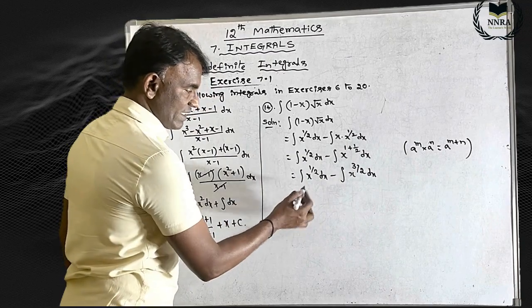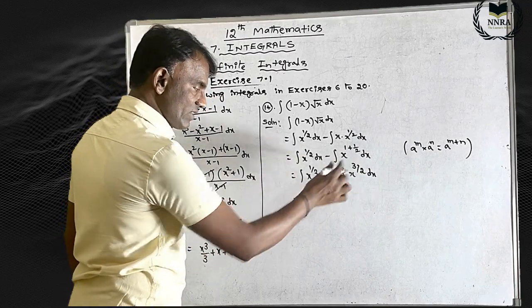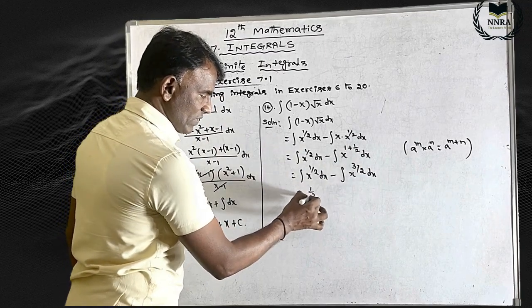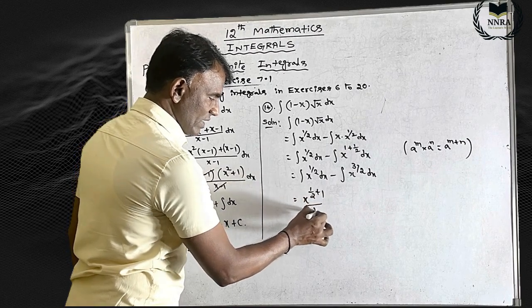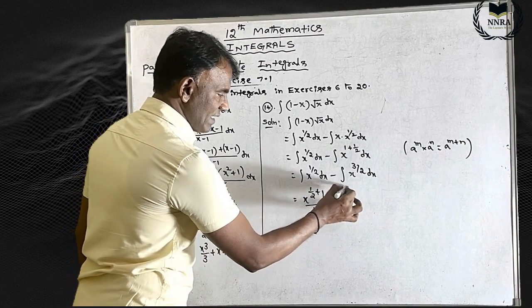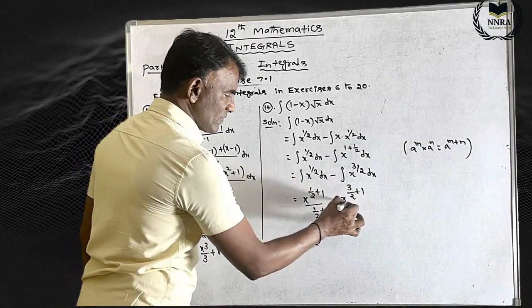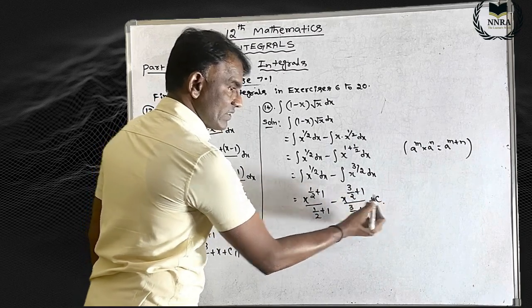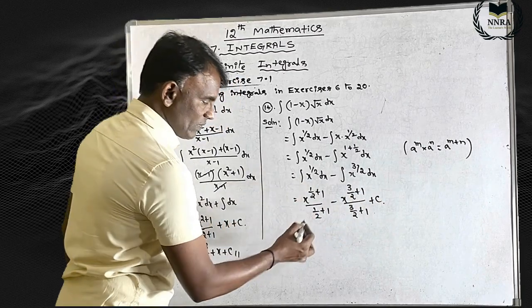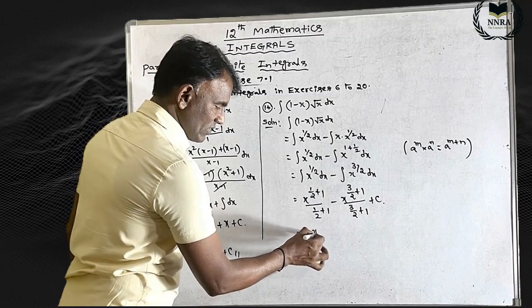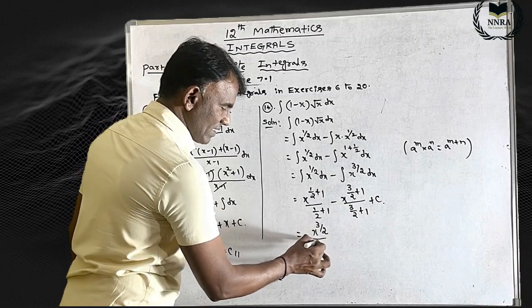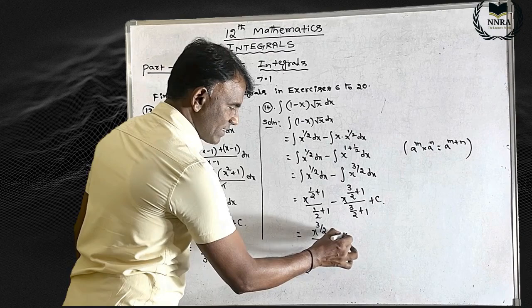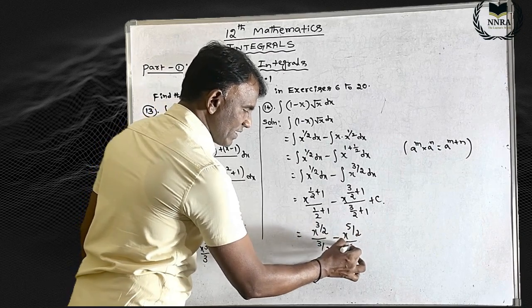So how to write this? Integral x power n dx, this is also the same formula. So x power n plus 1 by n plus 1, and here x power 3 by 2 plus 1 by 3 by 2 plus 1, then constant c. So 1 by 2 plus 1 is 3 by 2, na? So x power 3 by 2 by 3 by 2 and x power 5 by 2 by 5 by 2, right?